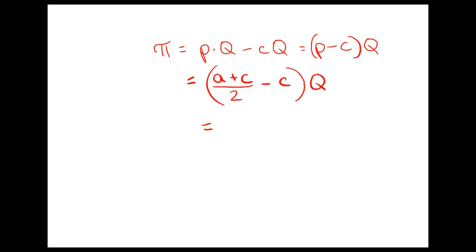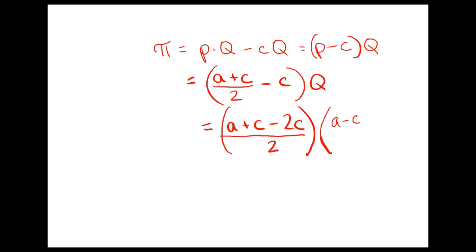And then let's get that over the same denominator here. So we'd have A plus C minus 2C all over 2 inside the brackets there. And instead of quantity, I'm going to replace quantity with what it is. So that's A minus C over 2B from before.